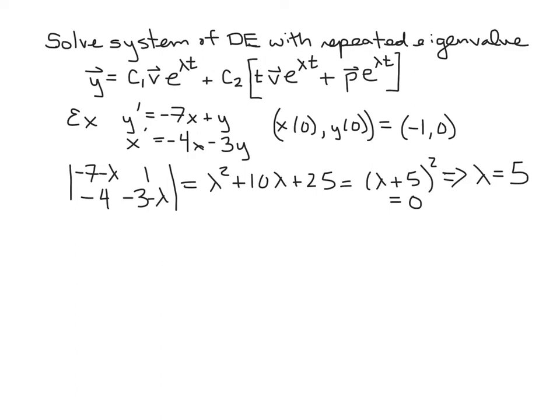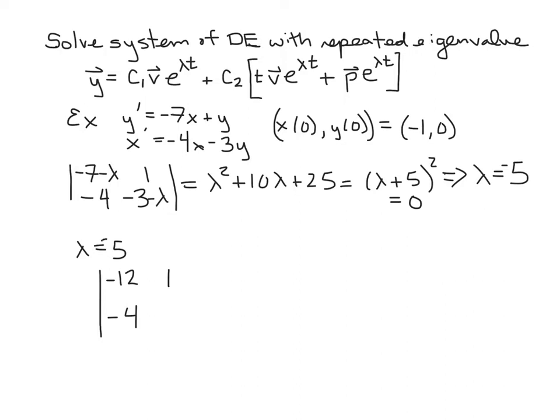So now for that eigenvalue, I'm going to plug that into this matrix. So I've got negative 7 minus 5, that's a negative 12. Then 1. Then negative 4, and then negative 3. I did something wrong. This is not working out well. Oh, hey, let's make that a negative 5. I just noticed there's no symmetry in here.